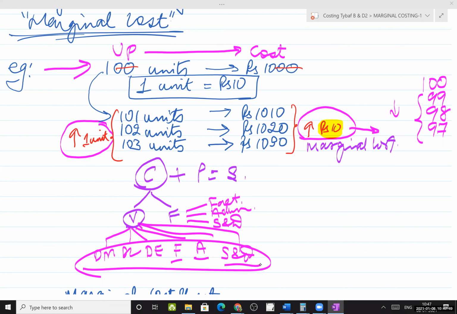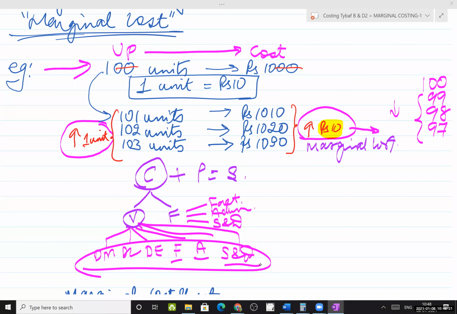So फिर marginal costing क्या है? Marginal cost तो समझ में आ गया. Marginal cost is the additional cost of producing one additional unit of a product. I repeat, marginal cost is the additional cost of producing one additional unit of a product. Okay. So what is marginal costing? If you go as per the definition, it is the ascertainment of marginal cost, the calculation of marginal cost, and the effect of marginal cost on profit when there is a change in the volume.